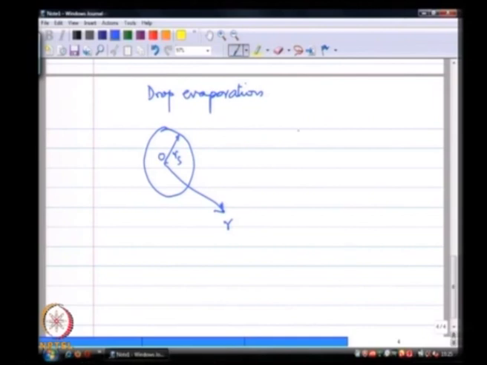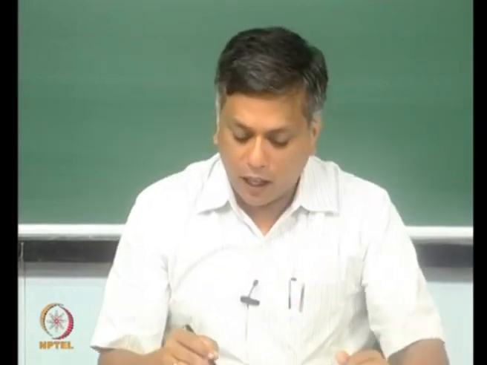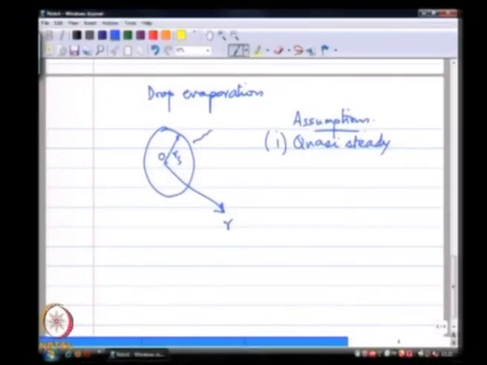So, in this formulation we are going to make certain assumptions. We will first understand what the assumptions are. The first assumption is that the evaporation process itself is quasi steady. Quasi steady means that I do have some evaporation of this species A, so I have some flux of species A due to evaporation.